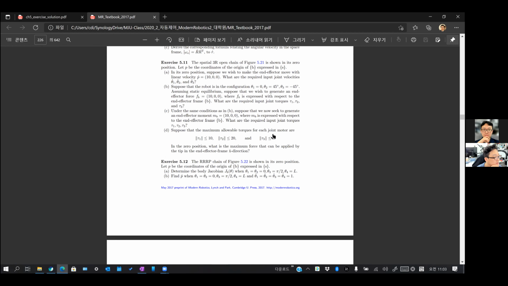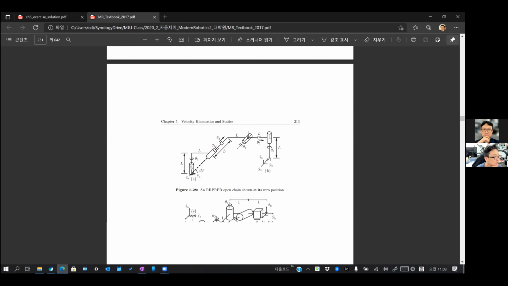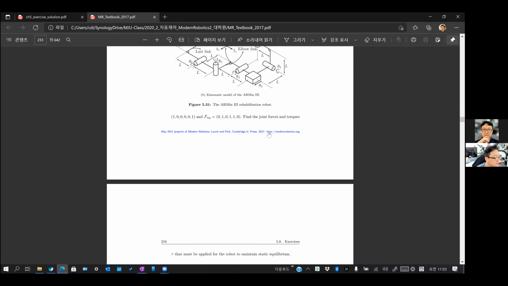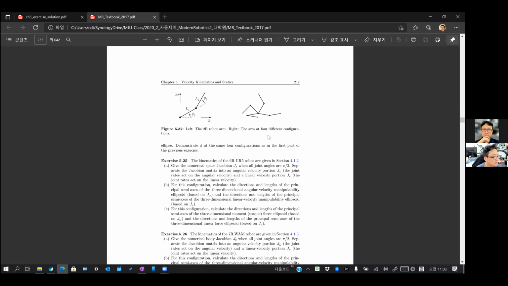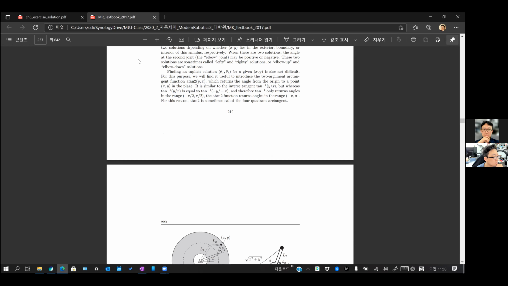Okay, about statics, I will explain it in this class. You might also be familiar with it. In statics, we use the Jacobian, and using the Jacobian, we can transfer the force to the torque. So you have to know about statics here.